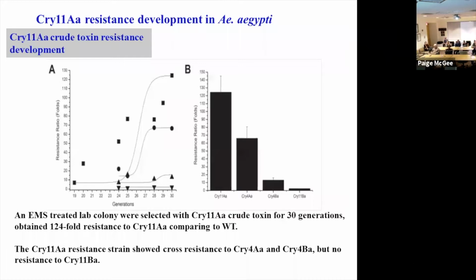I'll come into that. But look at the panel on the right: the cry11A resistant strain is resistant to cry11A, less so to cry4A, but is not resistant to cry4B, and surprisingly to us, to cry11B, which is a very related toxin to cry11A. Why that's the case, we are not certain.